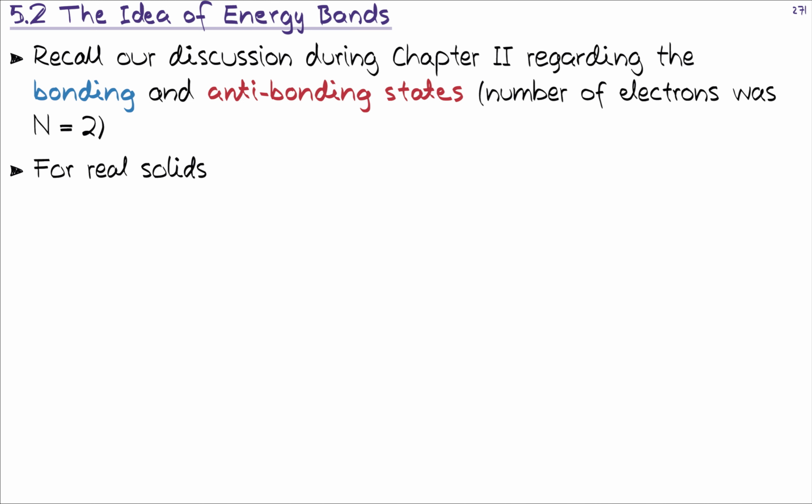And now what we have in what follows in this chapter is that we are trying to cover a more realistic piece of a solid. So for example, a piece of copper, aluminum, gold, silver, whatnot, a metallic piece of a solid. And for that kind of solid, the number of electrons N in the system becomes an extremely large number.